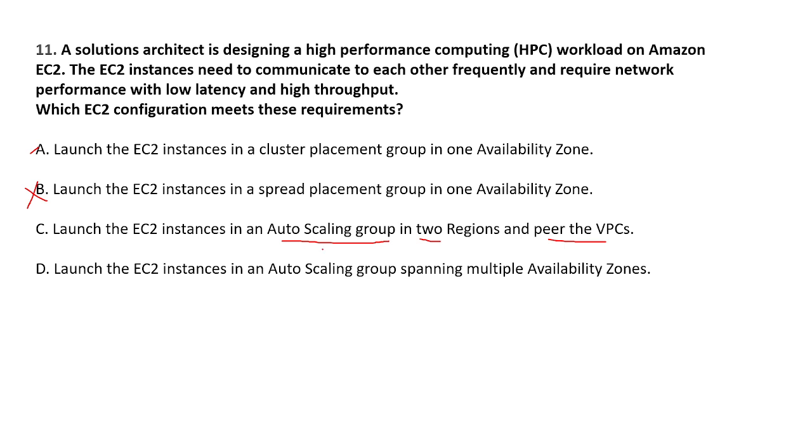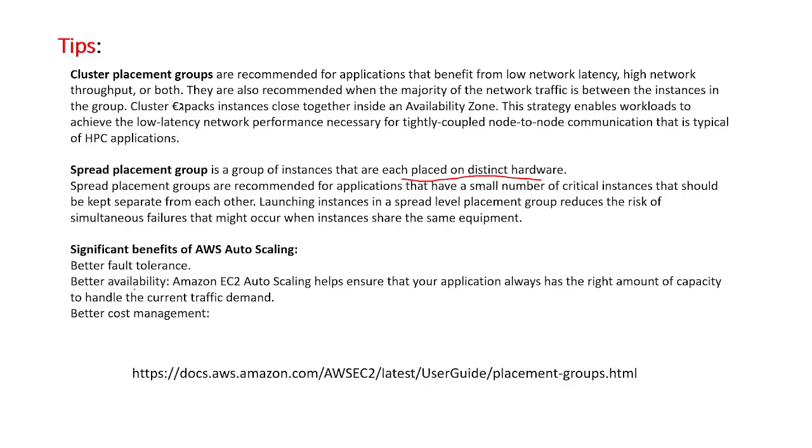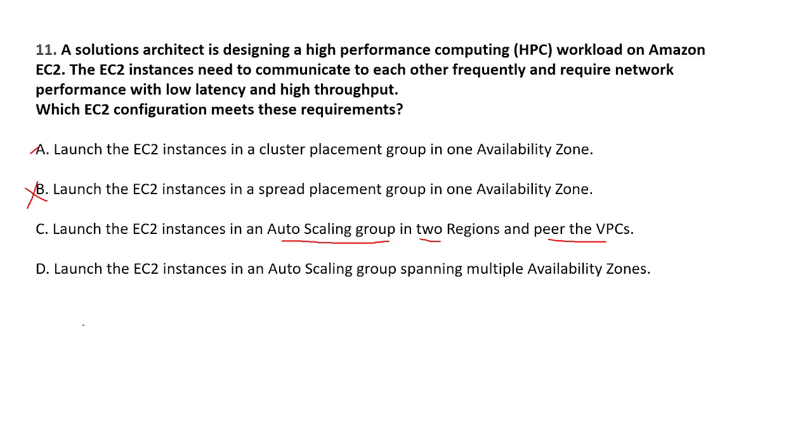So this is a little out, because auto scaling is used for better availability, fault tolerance, and cost management. That is the reason we use auto scaling, but here it doesn't suit our question.